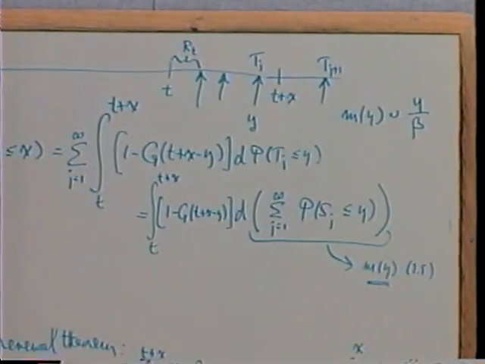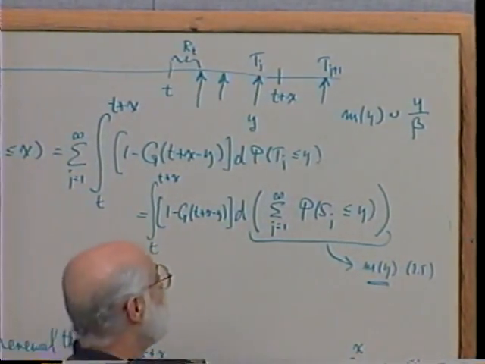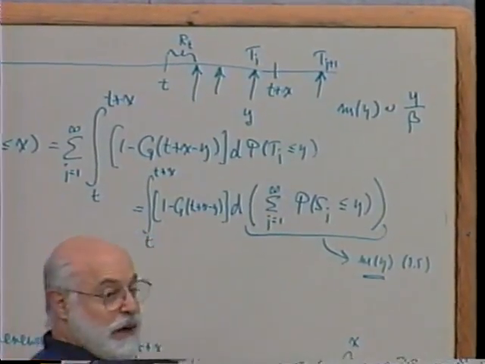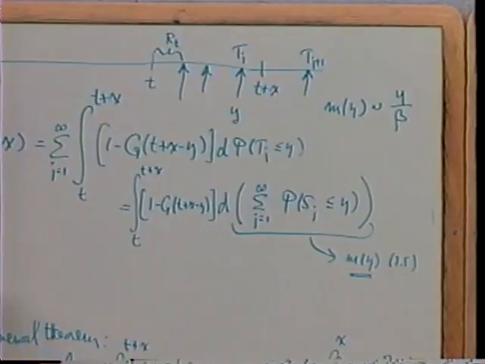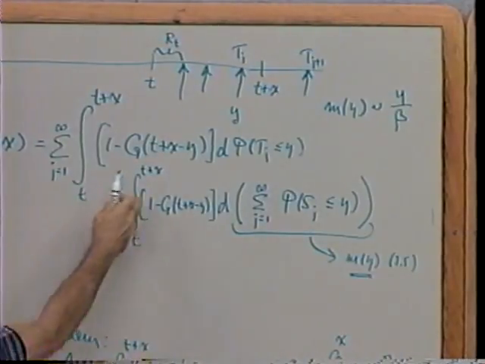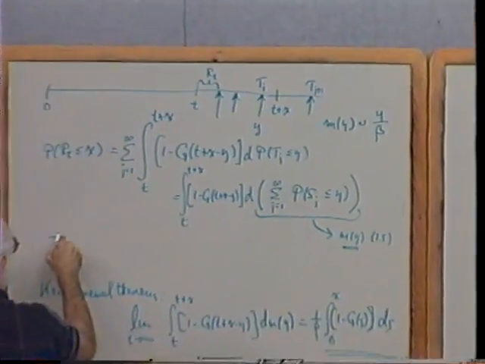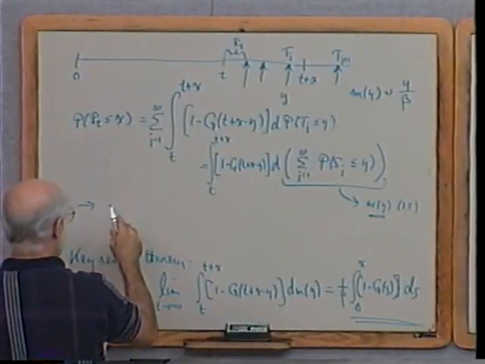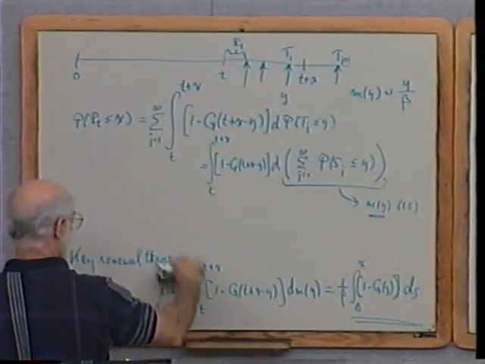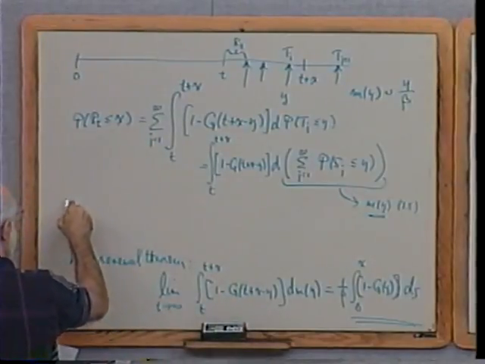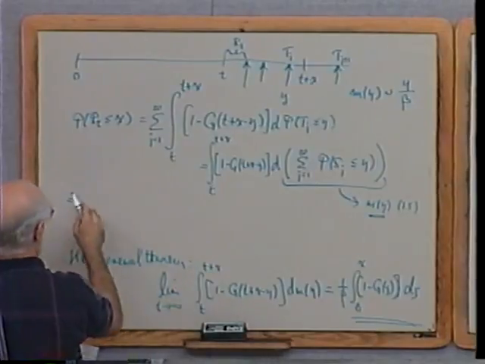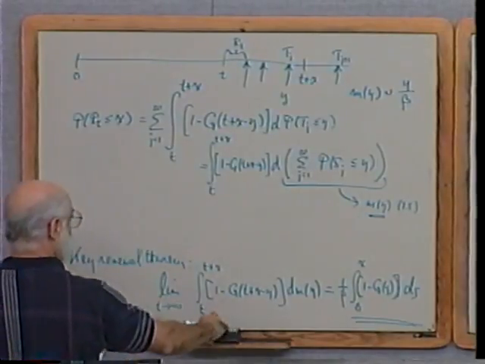Okay, so that being the case, what I do is I replace m of y by y over beta. Okay, so now we're going to find that this integral right here approaches the integral. In fact, I think I'll write it this way. Intuitively, we could say that this is going to be equal to, well, we want the limit, so I'm going to write it as approaches.